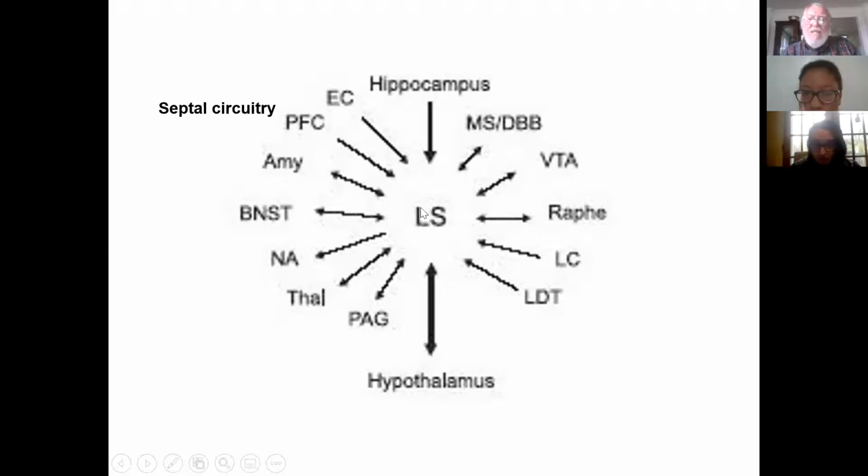And then the lateral septum projects reciprocally to all of these areas and projects to the Nucleus Accumbens, as a pure output.